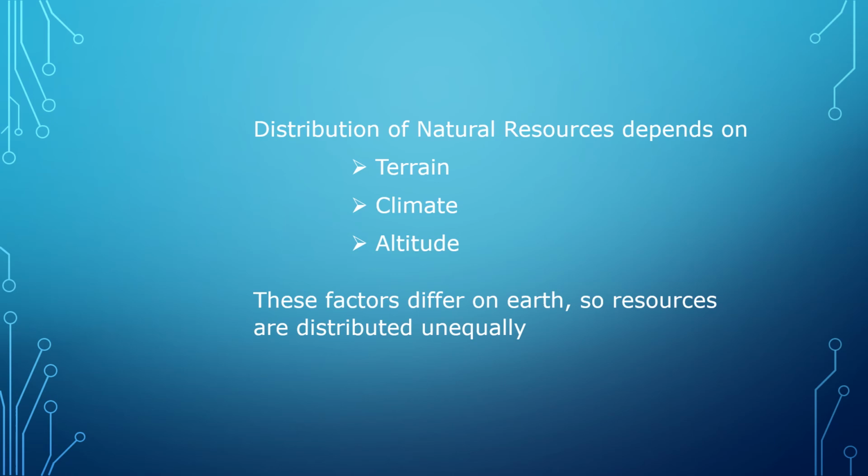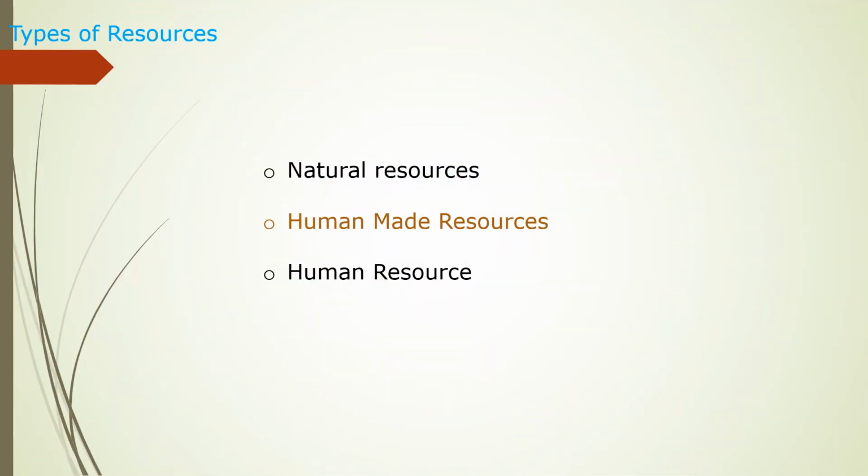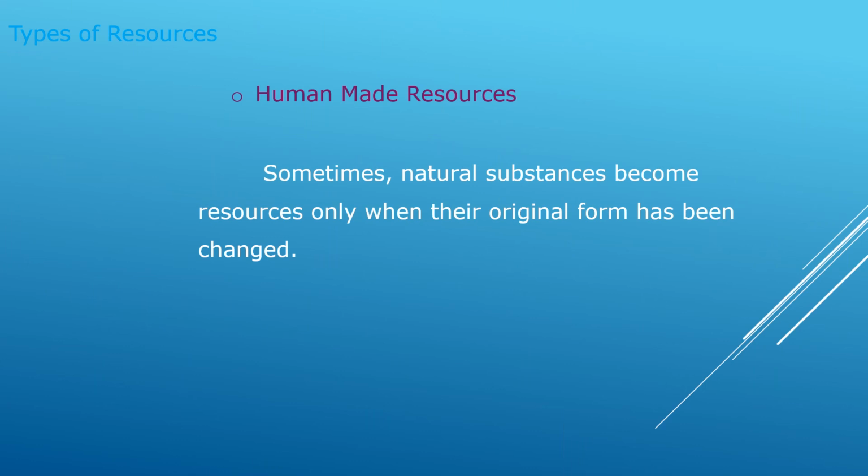Next, the other type of resources are human made resources. The name itself says that which has been made by the human. So sometimes a natural substance becomes a resource only when the original form has been changed. This can be done only by the human being.